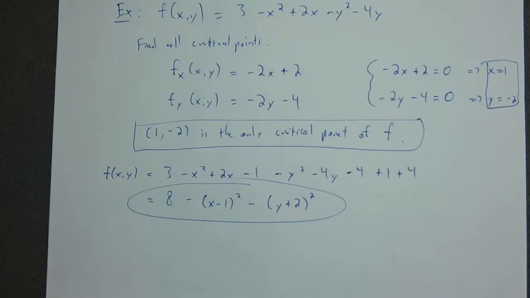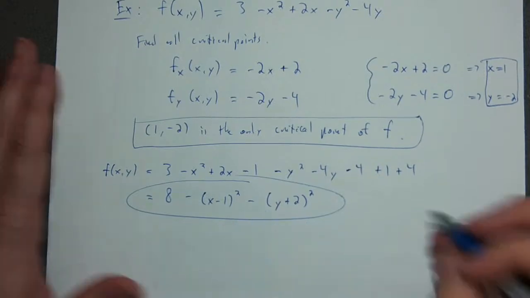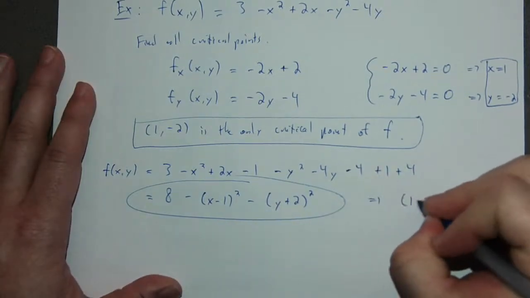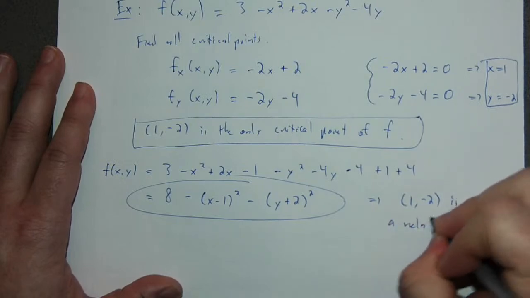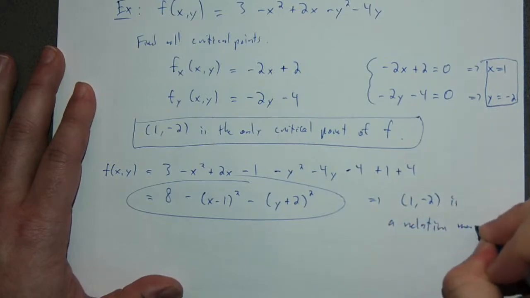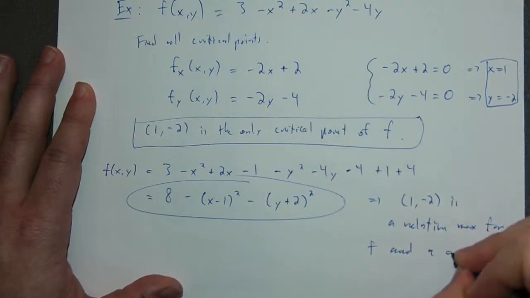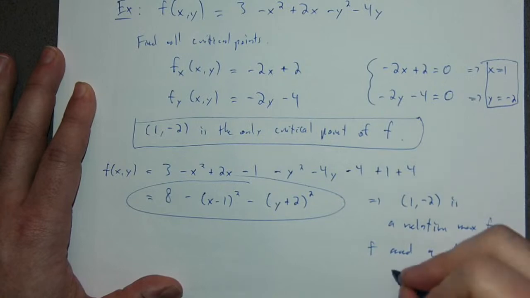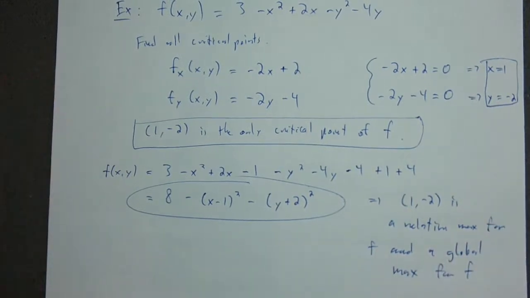Well, the largest this thing could be is when both of these quantities are equal to 0 simultaneously. When does that happen? Oh, right, at (1, minus 2). So from this, I can actually tell that (1, minus 2) is a relative max for f and a global max for f on the entire plane.